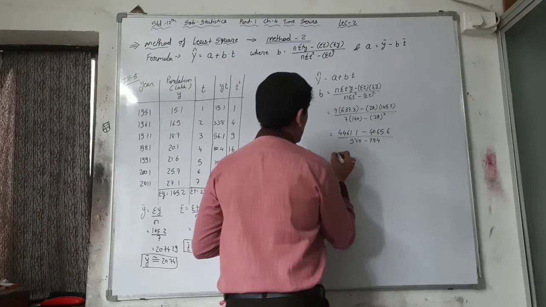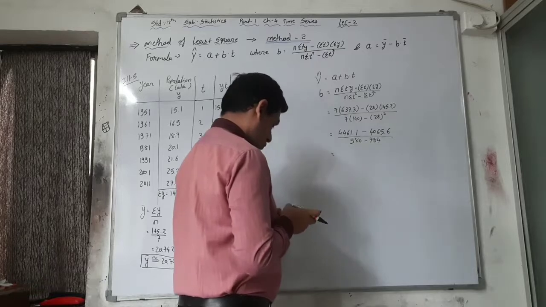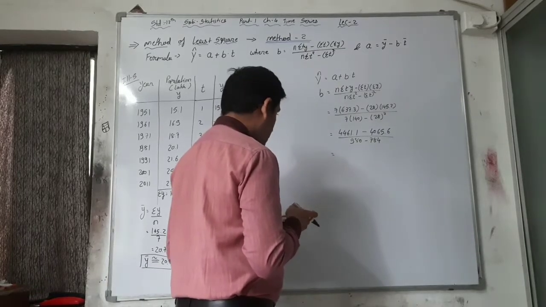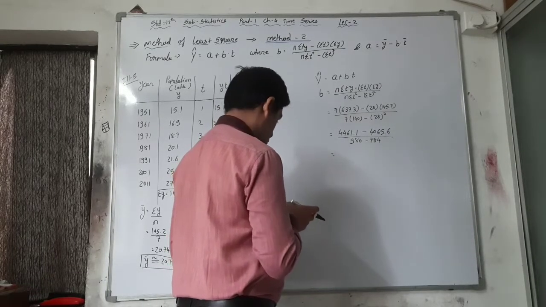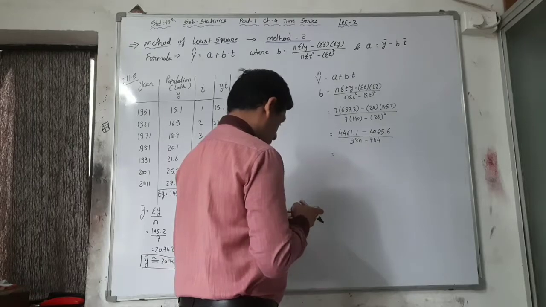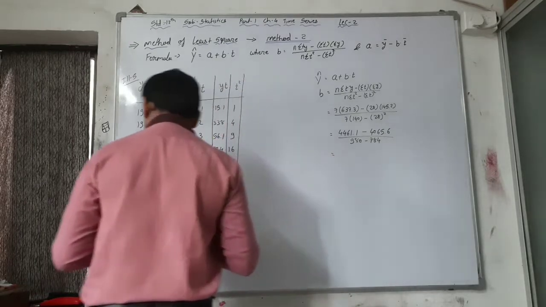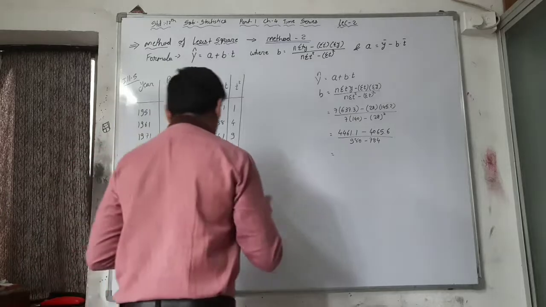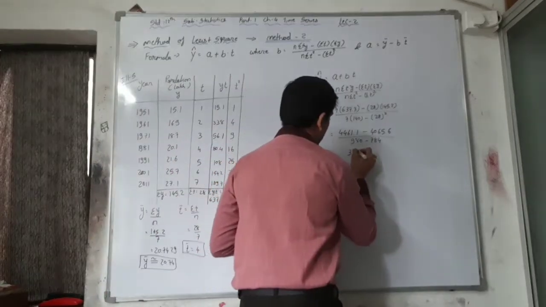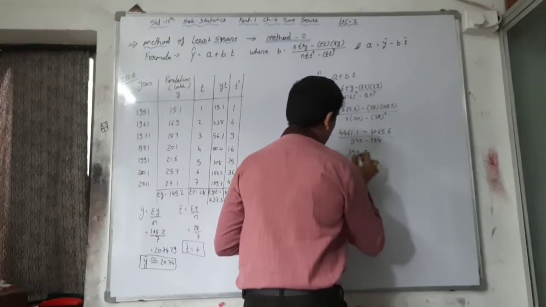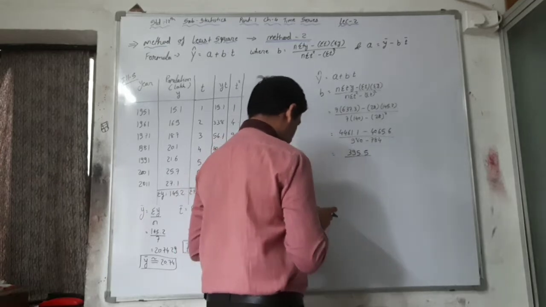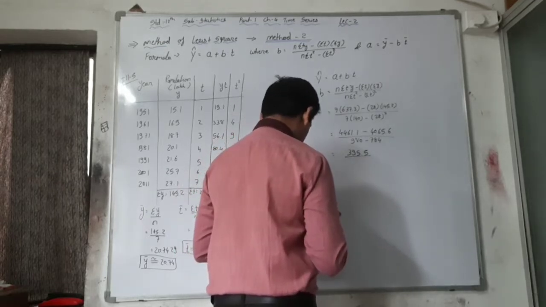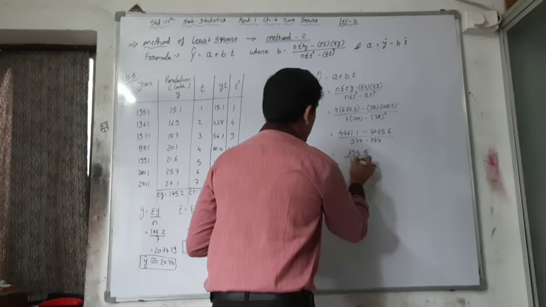Right? Now 4461.1 minus 4065.6 is equal to 395.5 upon 980 minus 784, that is 196.